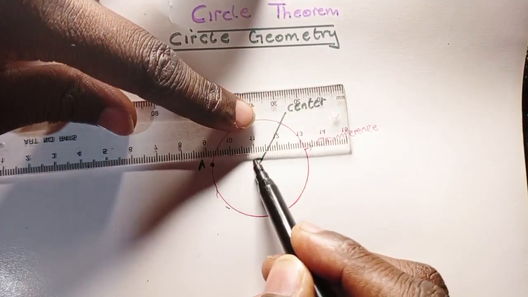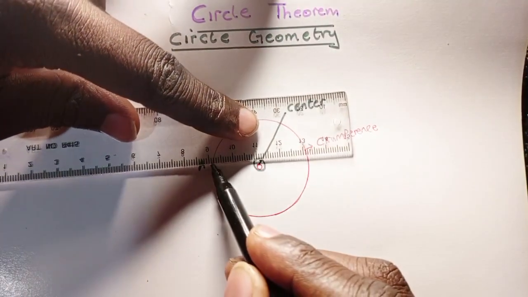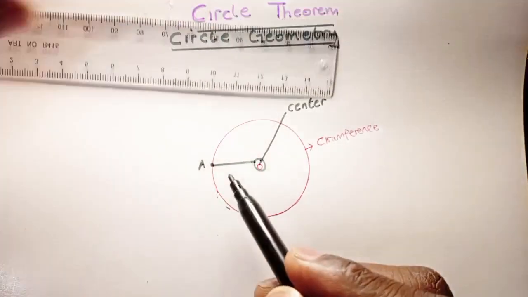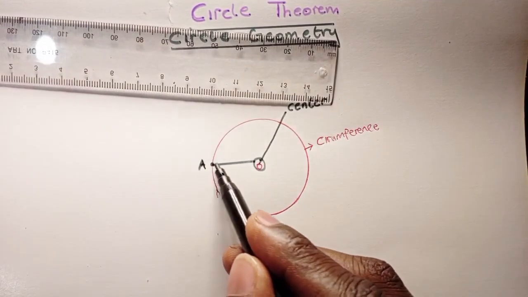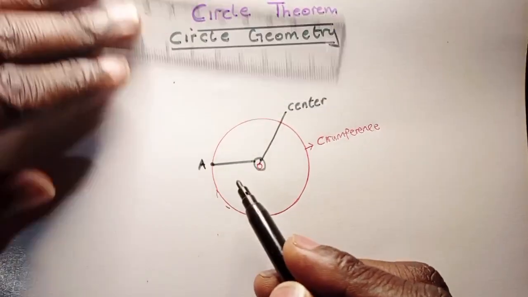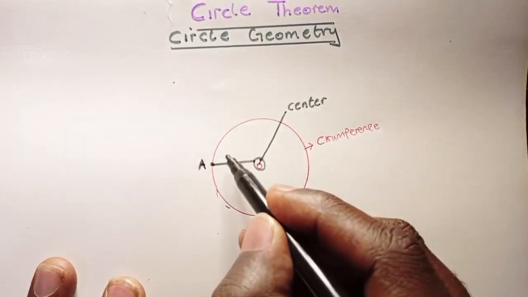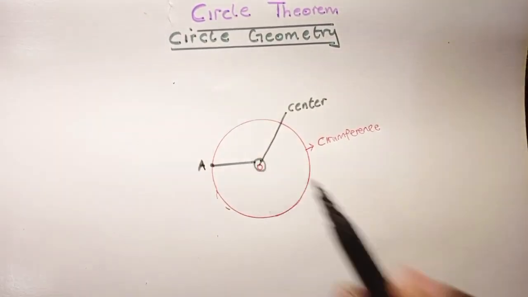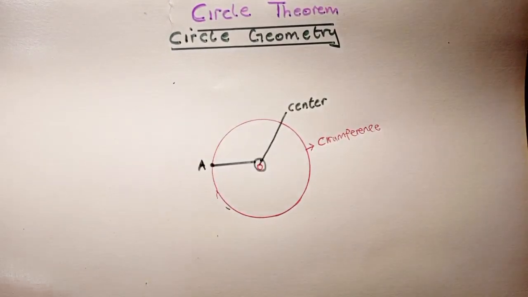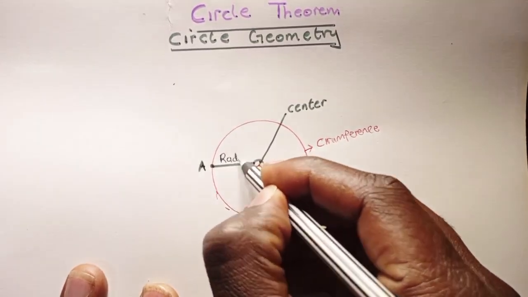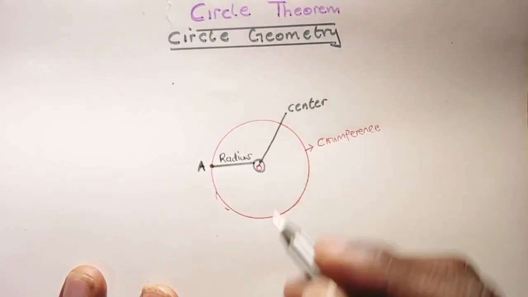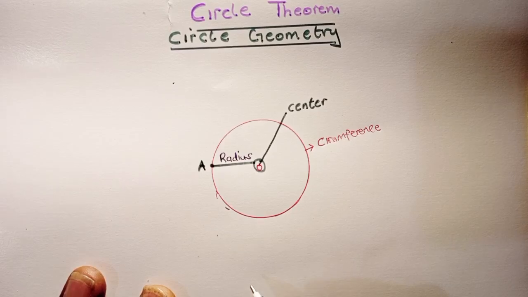So this line that comes from A, on the circumference, to the center, is given a beautiful name. It's called the radius, and we'll talk about it very much.